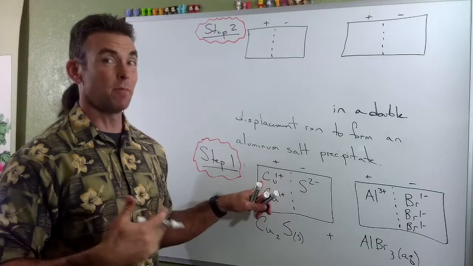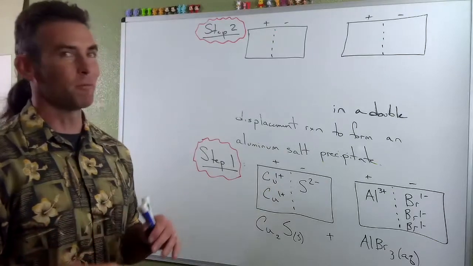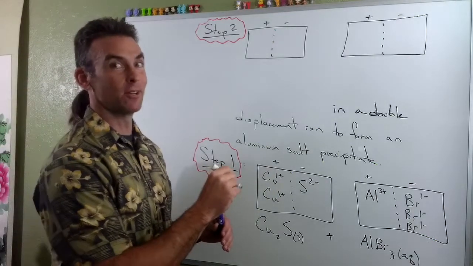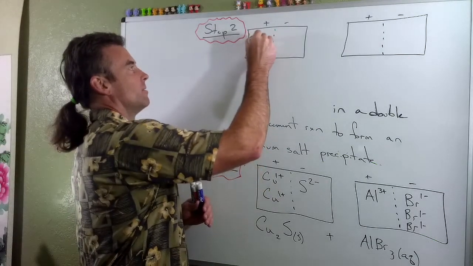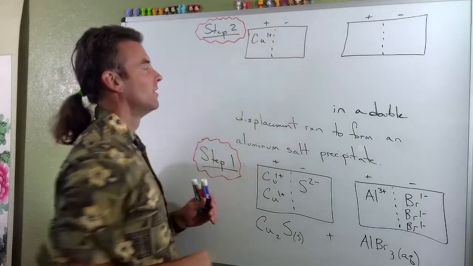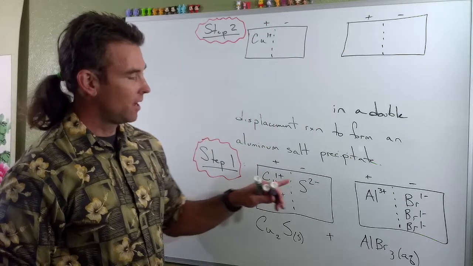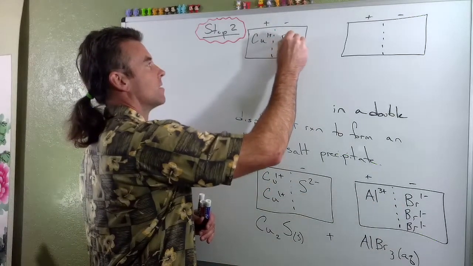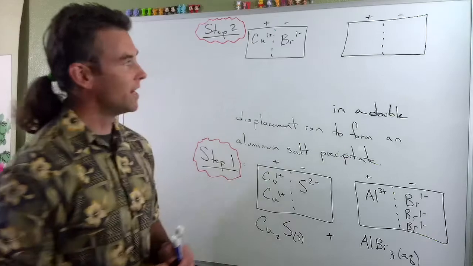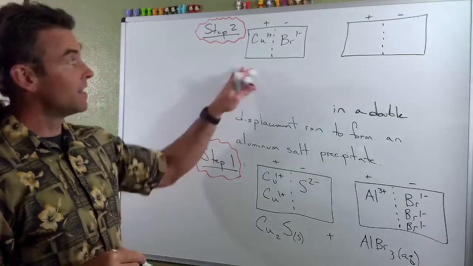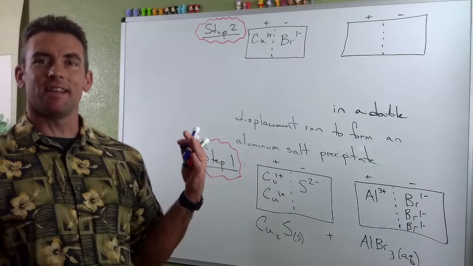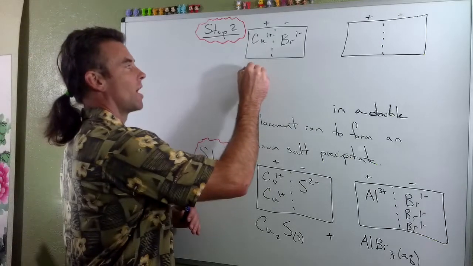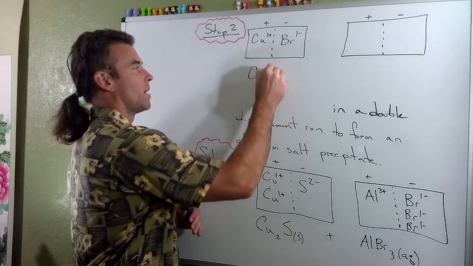That charge pretty much gets carried through unless it's a special type of reaction that I am hopefully never going to show you. We know that over on this side is a copper 1 plus. We know that now that little dude needs to pair with a bromine 1 minus. And luckily, the second we do that, we recognize, hey, that guy is nicely balanced. So I already know one of my products here.